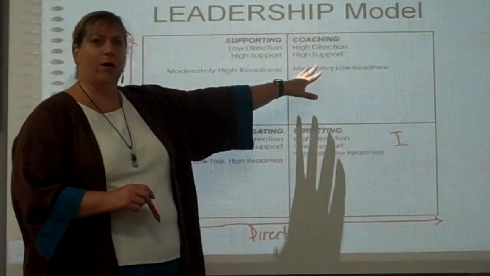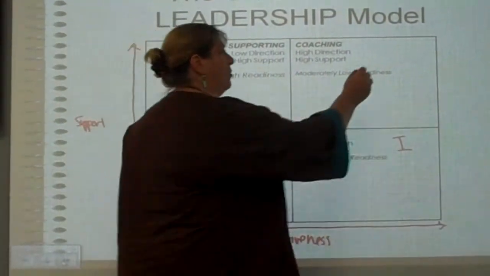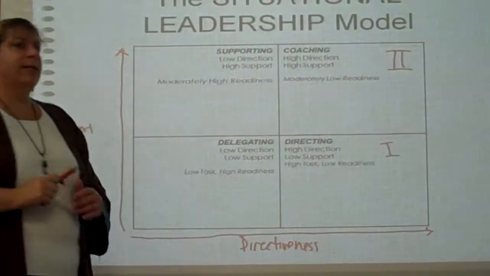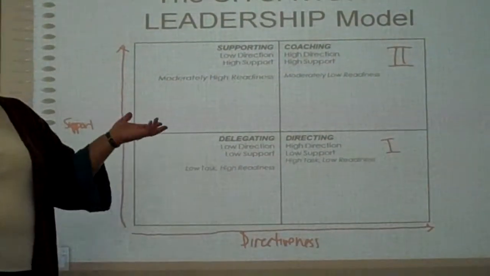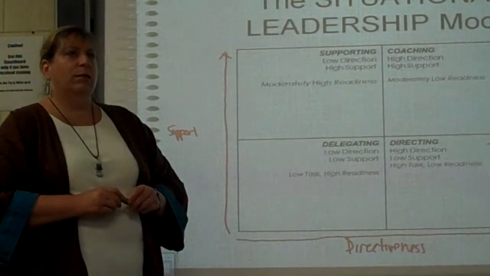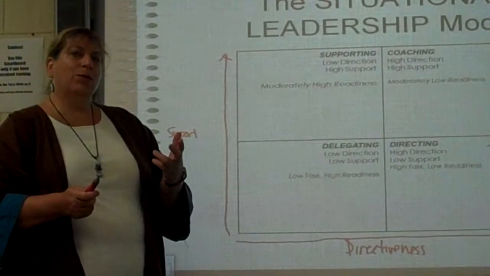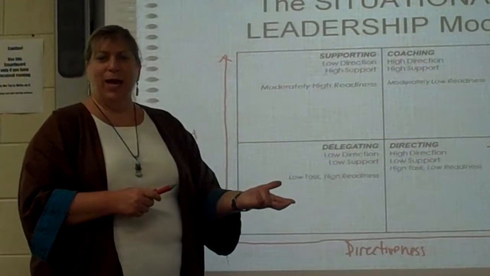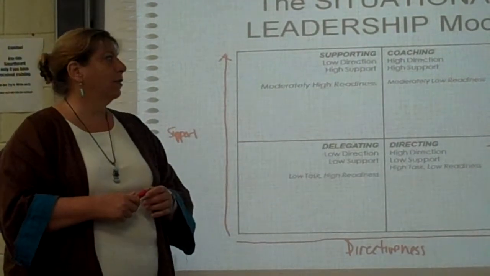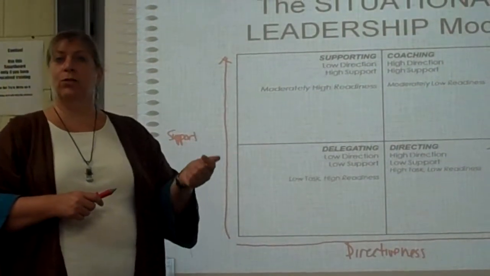The original model, then, the second quadrant is about coaching. An employee in this model has a little bit more experience, but they don't know exactly what's expected, though they are willing to do whatever the work is, then your role as a leader changes.